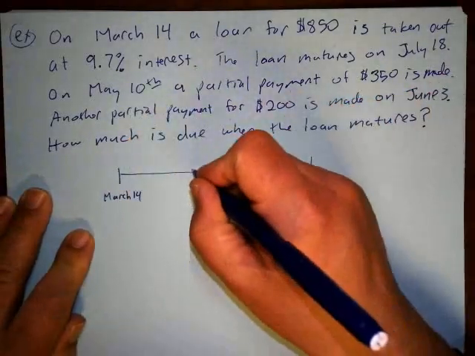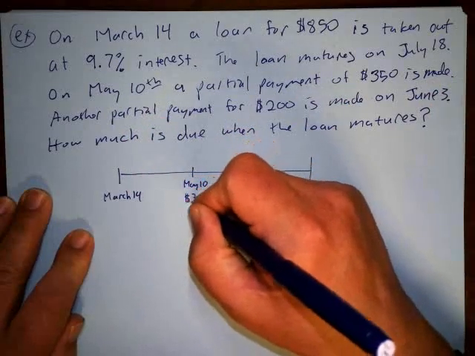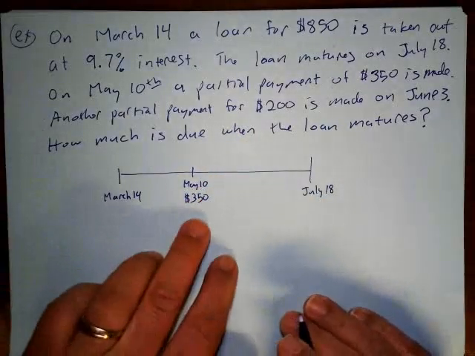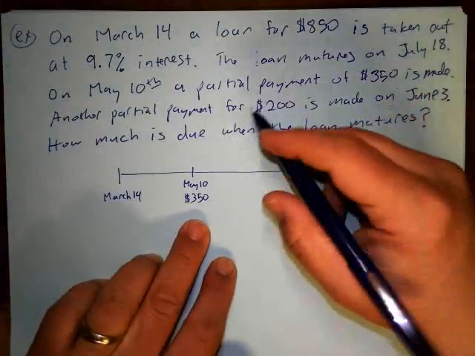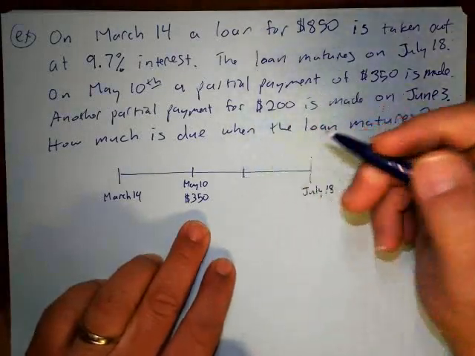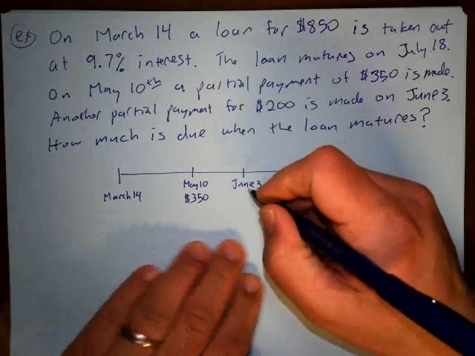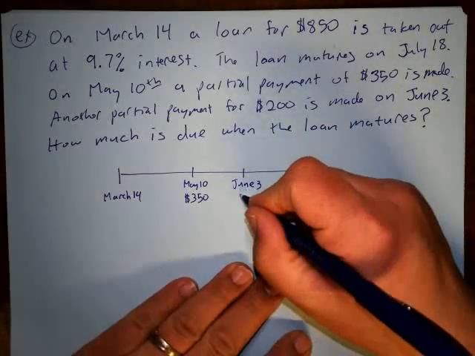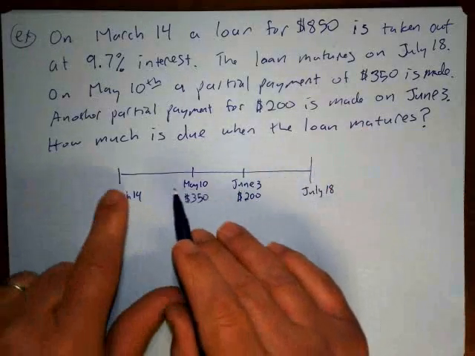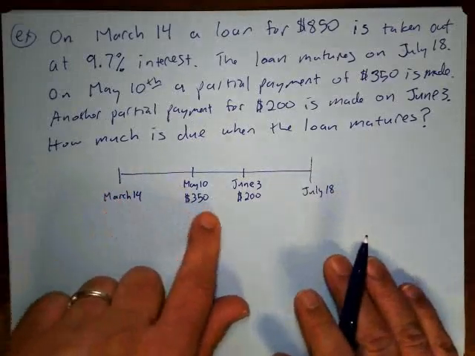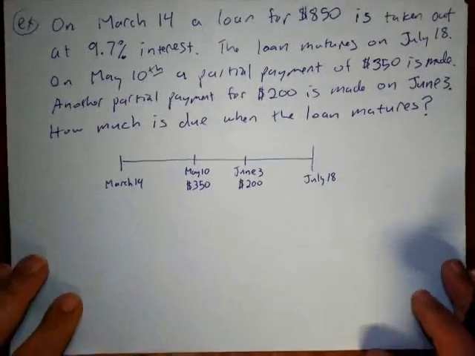So May 10th, you make a partial payment for $350. Okay, and then on June 3rd, you're going to make another one for $200. Okay, so I'm just putting my partial payments. Again, the spacing doesn't have to be perfect. You just want the dates to go in the right order. And then I always put the partial payments underneath.